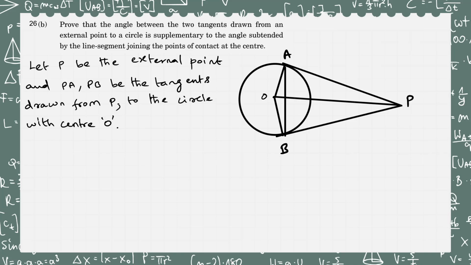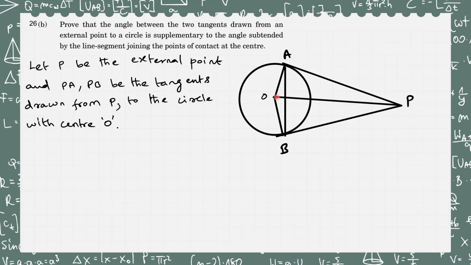Now we need to prove this. One thing we already know is that the angle between the tangent and the radius at the point of contact will be 90 degrees. This is the tangent PA and this is the radius OA, so angle OAP will be 90 degrees.